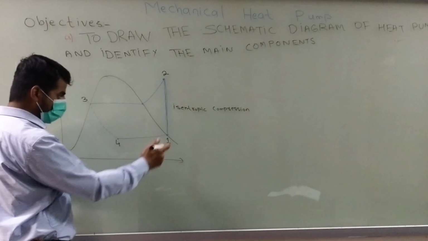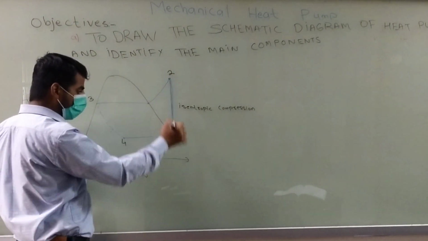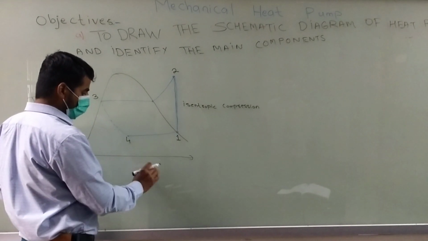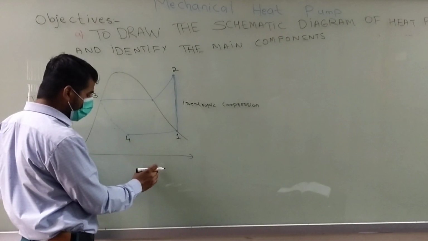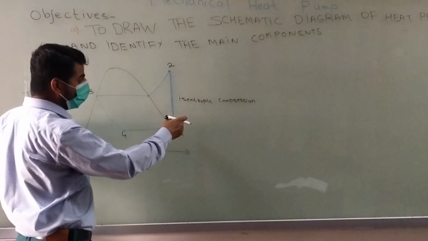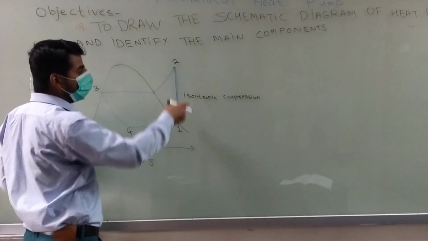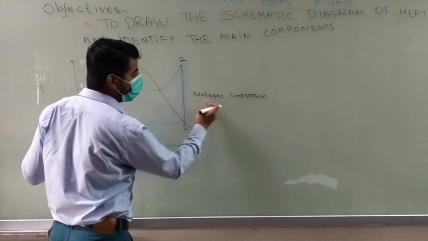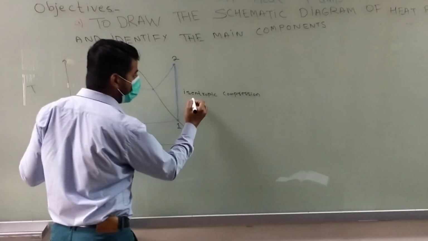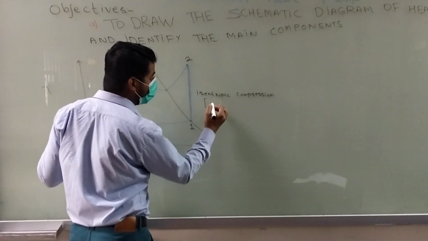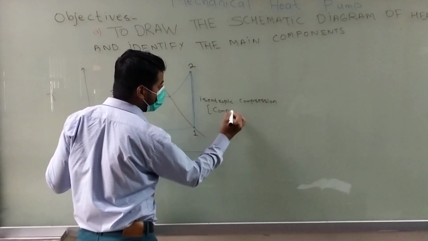Since it is a straight vertical line on the entropy axis, 1 to 2 is basically the entropy remains same. So that's why this is an isentropic compression, and this process has been carried out in compressor.